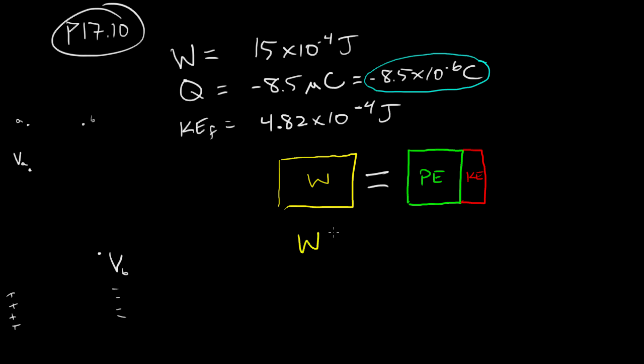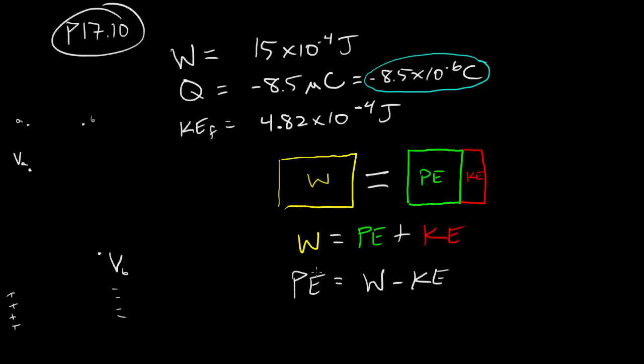So work equals the potential energy plus the kinetic energy. Fair enough? So you take this much butter and you add it to the red butter and you get all of the work that you had initially. Potential energy then is equal to the work minus the kinetic energy that we had at the end.